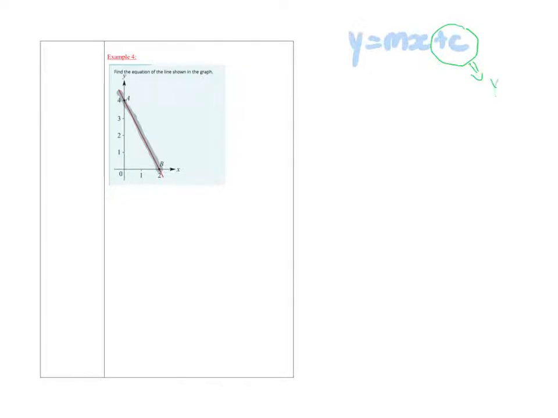Because that is the y-intercept. So you can read off the y-intercept if you've got it like this, and that tells you the c value. So I could say y equals mx plus 4, yes? Then you need another point to find m.